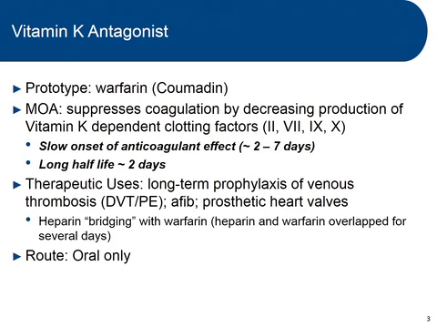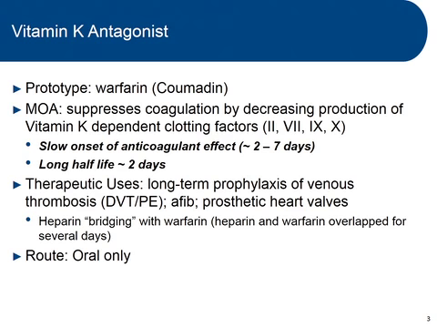This drug works by inhibiting vitamin K epoxide reductase. Essentially, that's an enzyme that is necessary to convert vitamin K to the active form. And activated vitamin K is necessary for the production of vitamin K dependent clotting factors.